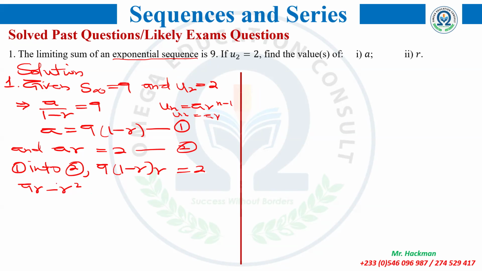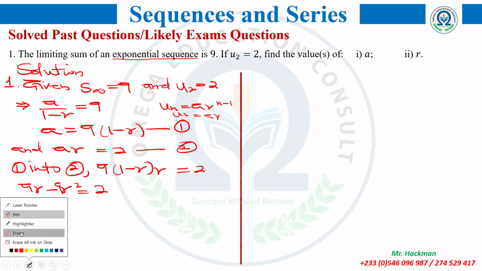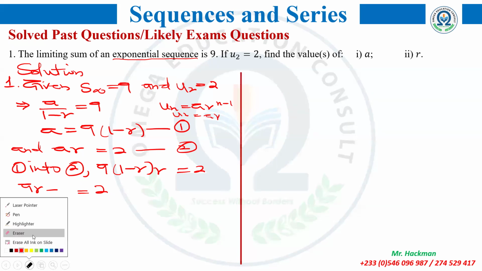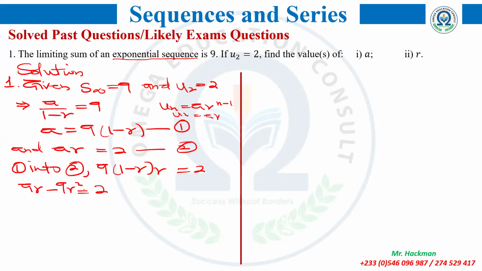Let me continue. It's equal to this. Am I right? Let me write it well. 9R squared. My professors, are you following? Yes, please. Okay, so what type of equation are we confronted with here?